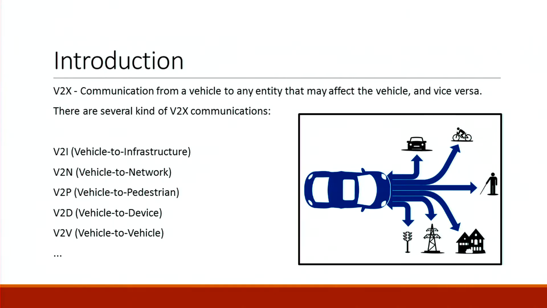So X may be several things. Maybe another vehicle. So in this case, we have the V2V. It may be the infrastructure. So the vehicle talking to a server that's placed somewhere else. In this case, we are calling it V2I.